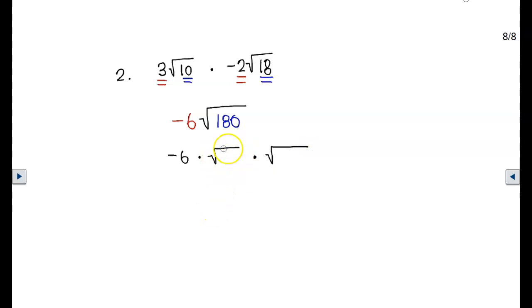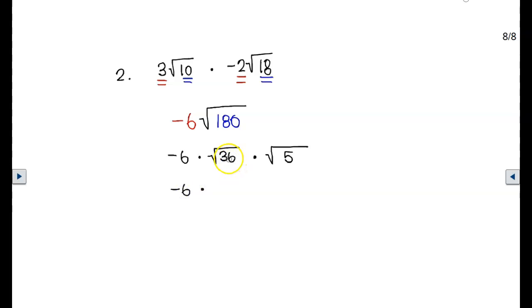One of these needs to be the biggest perfect square from our list that 180 will evenly divide by. So if you take the numbers in your perfect squares list and start dividing 180 by those, you'll find out that 180 will divide by 36. It is 36 times 5. So we get a negative 6 times the square root of 36 times the square root of 5.